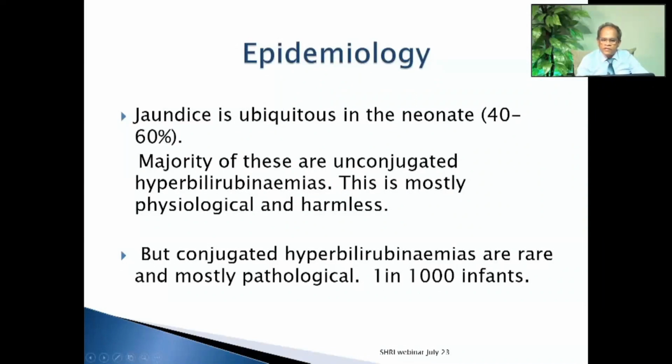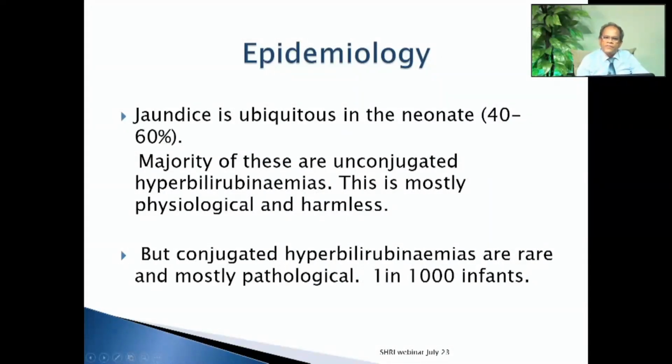What is your differential diagnosis, and then we are going to discuss how to narrow it down, and then how to confirm the final diagnosis and how to treat it. And we are going to discuss the common causes of obstructive jaundice or the surgical jaundice, that is biliary atresia and choledochal cyst, and touch on other causes as well.